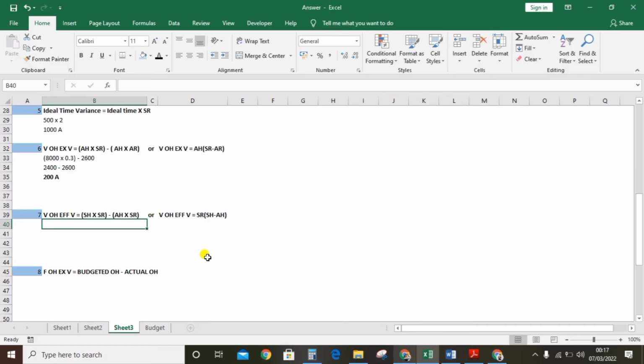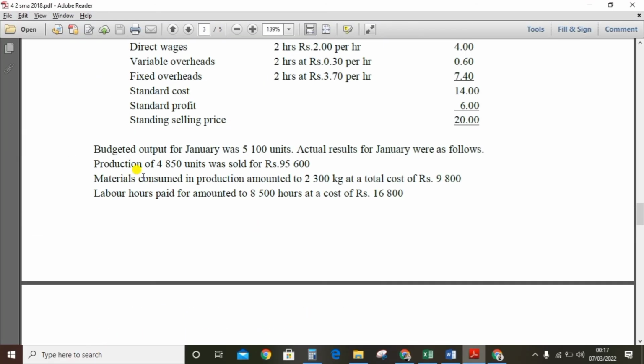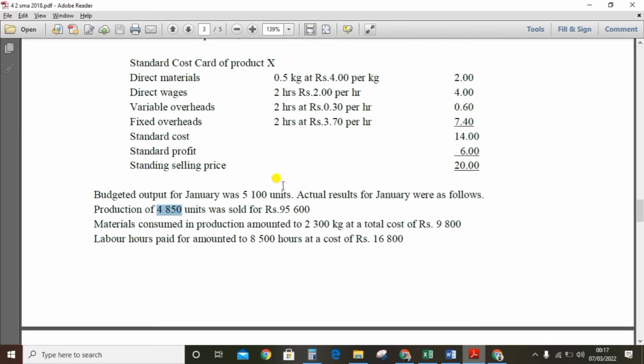Variable overhead efficiency variance. The equation is SH into SR minus AH into SR. What is the meaning of SH? As I said earlier, the standard variable overhead hours for actual production. So SH for actual production is 4,850 and standard variable overhead hours is 2 hours.